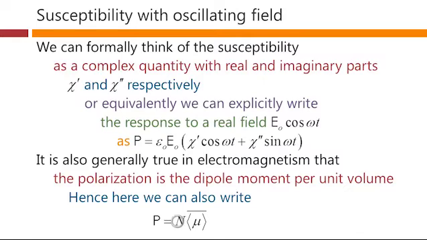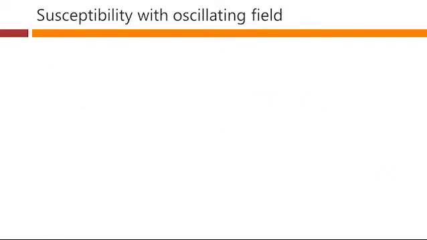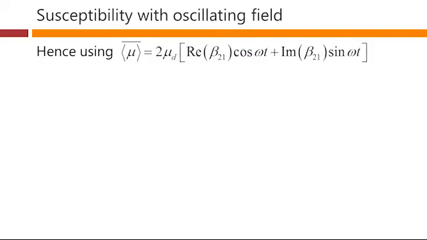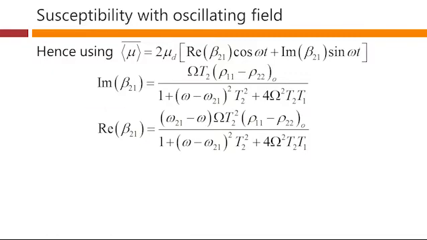So we've got n atoms per unit volume, so we have to multiply that up to get the total polarization, which is equivalently the total dipole moment per unit volume. Hence, using this expression that we figured out before, we can write it down in this form as we deduced.